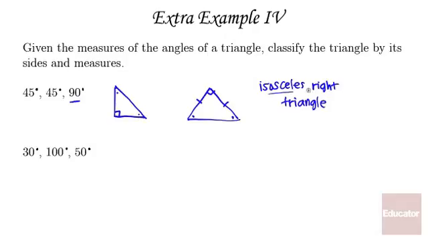Okay, this is by its sides and this is by its angles. The next one, 30 degrees, 100 degrees, and 50 degrees. So if you look at that one, that's greater than 90, right? So greater than 90.